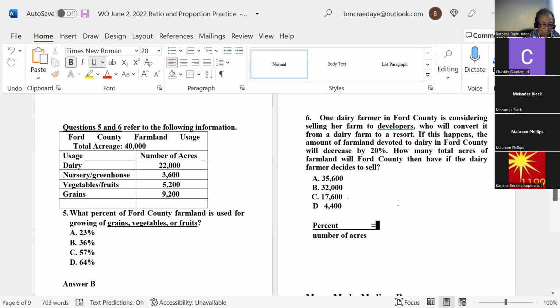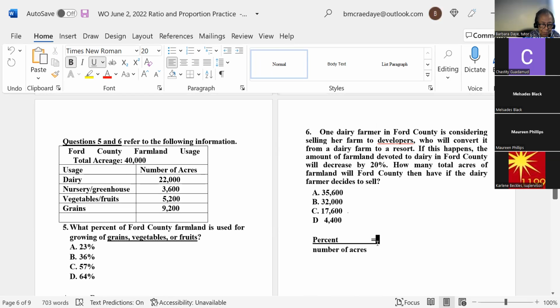20, and what's your total? What's your total number of acres for dairy? 22,000. Look at your table here.